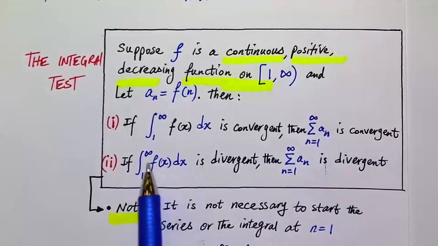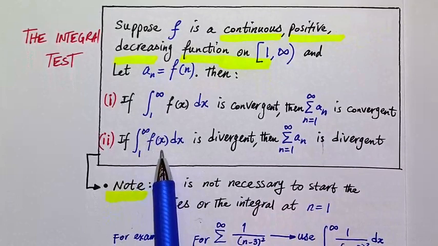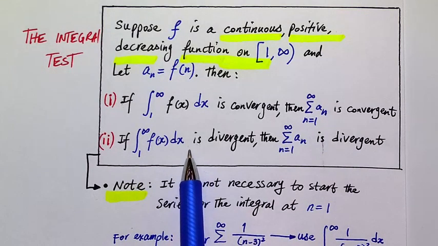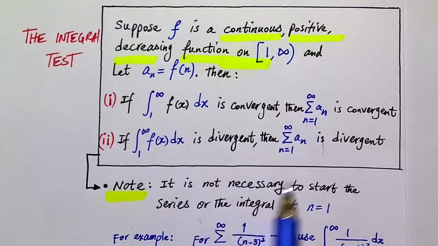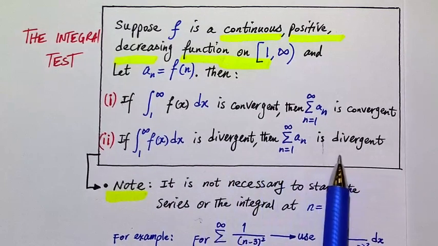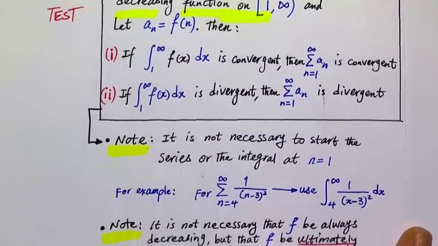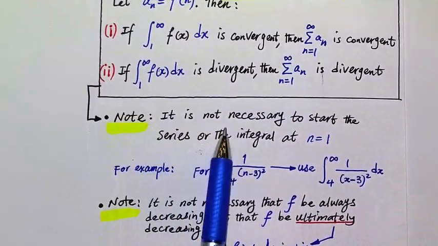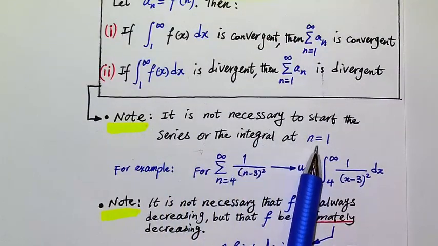But if we take the integral from 1 to infinity of that function f of x, and we end up with something like negative infinity or positive infinity, that means the integral is divergent, which also means that the series is divergent. Note that it is not necessary to start the series or the integral at n equals 1.